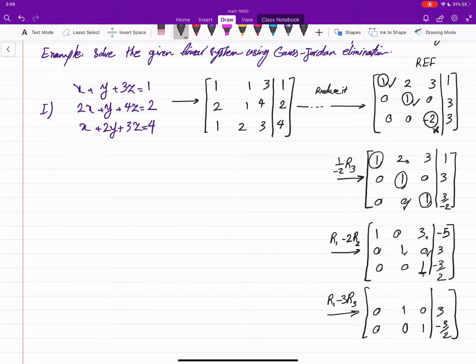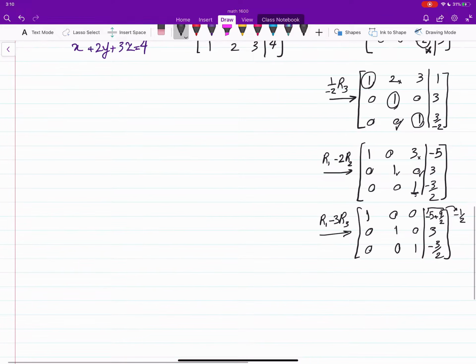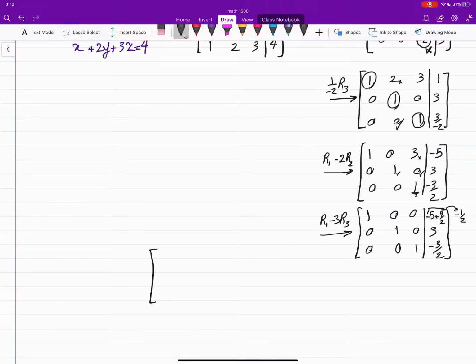For this part, 1 minus 3 times 0 is 1, 0 minus 3 times 0 is 0, 3 minus 3 times 1 is 0, and negative 5 minus 3 times 3 over 2. That gives 9 over 2 added to negative 5, negative 5 plus 9 over 2, which is nothing but negative half. Now the reduced row echelon form of this matrix is this.